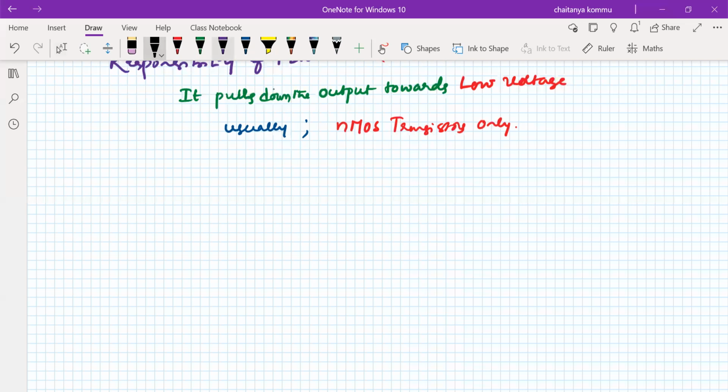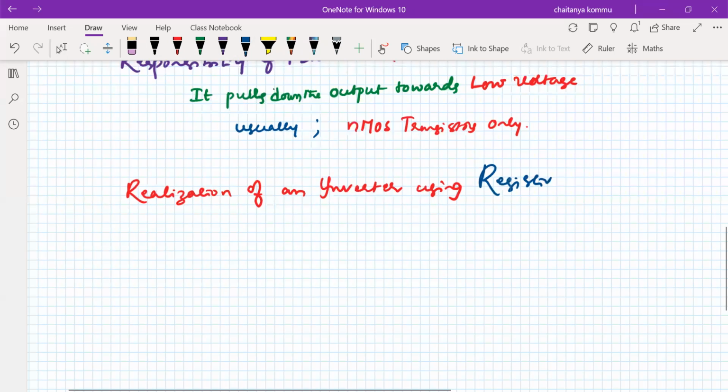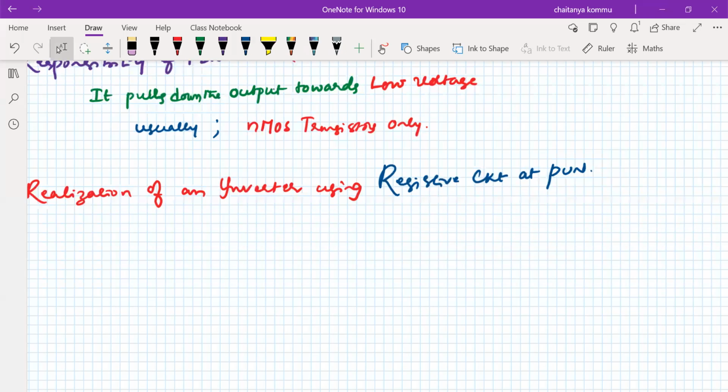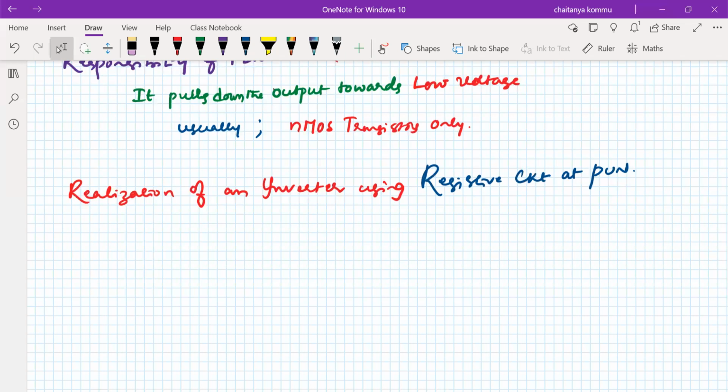Our objective is the realization of an inverter using a resistive circuit as the pull-up network. So we are going to realize an NMOS inverter with the help of a resistive circuit. How do we do this one?